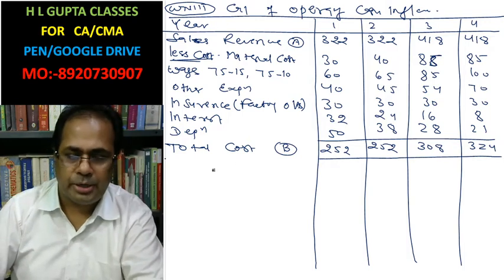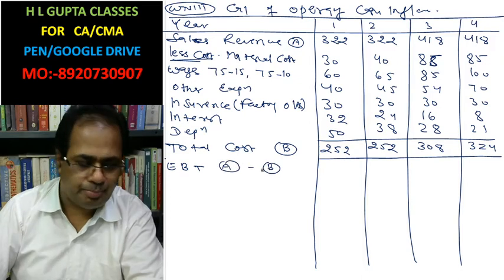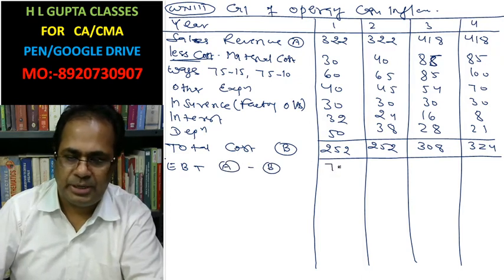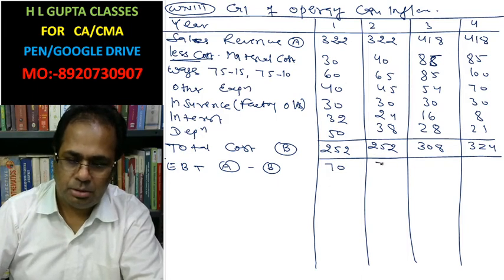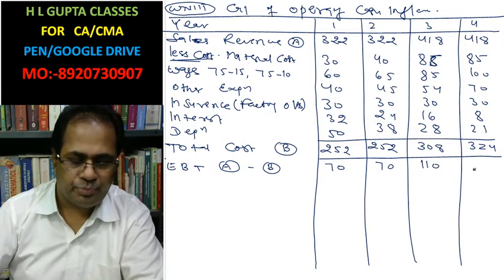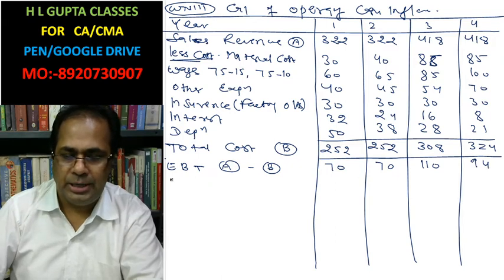Now earning before tax, this is A minus B: 70, 70, 110, 94. Less tax.